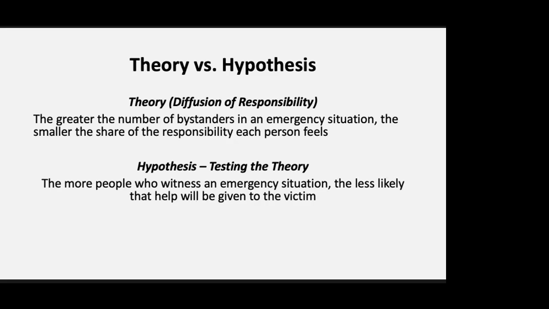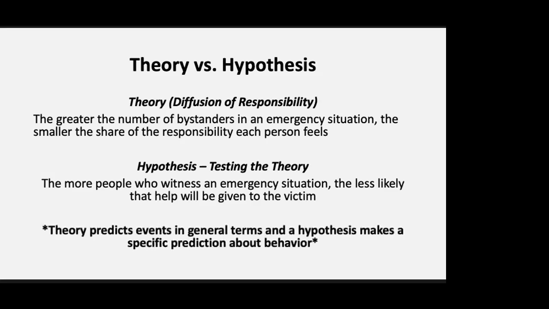Each time there's more people witnessing the situation, it will be even less likely that someone provides help. So the theory is the overall, general term of what is going on, but the hypothesis is a specific prediction of what will happen. So we're looking at general versus specific prediction about behavior.